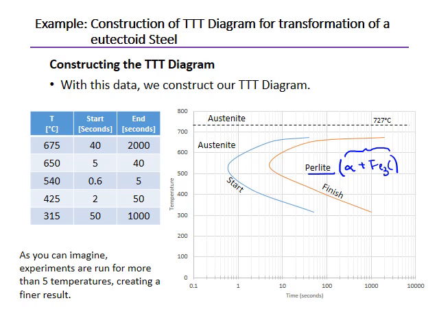But for TTT diagrams which are for hypoeutectoid steels or hypereutectoid steels, then you will have primary phases. Not the case for this eutectoid steel. So in the middle, you have a mixture of austenite and pearlite.